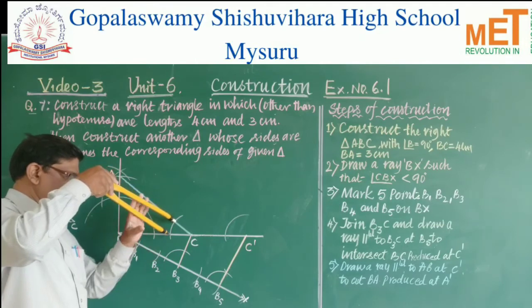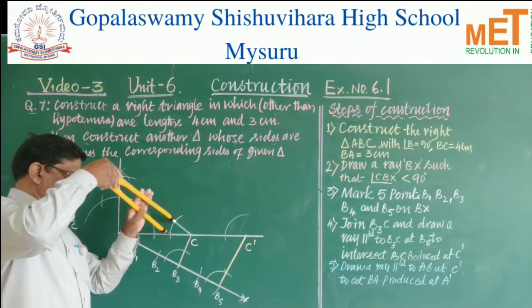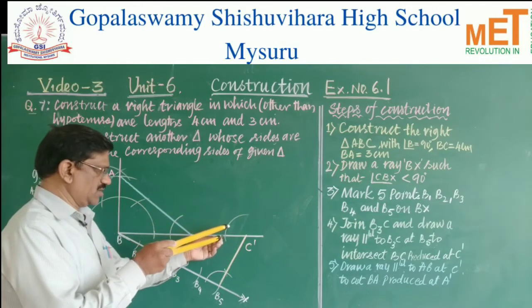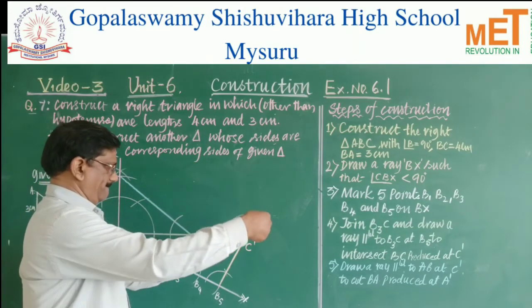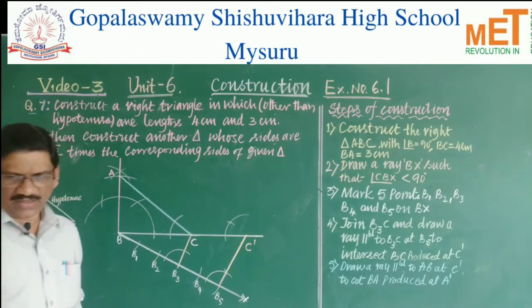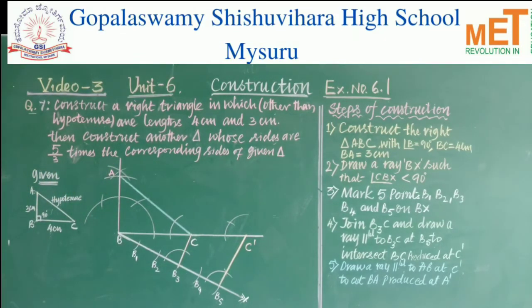Okay. So with this measurement on the arc, I am going to mark. Okay. So now we have the point of intersection of the arc, isn't it?